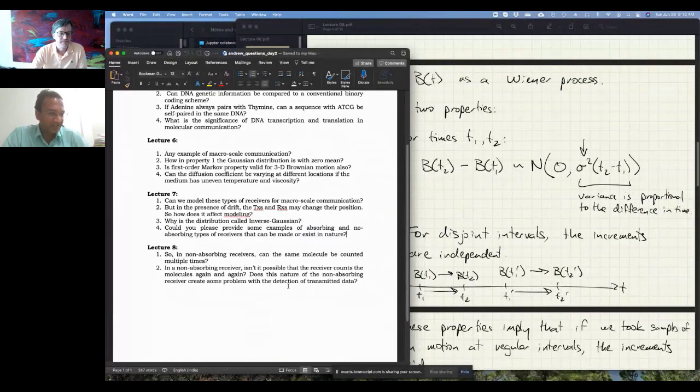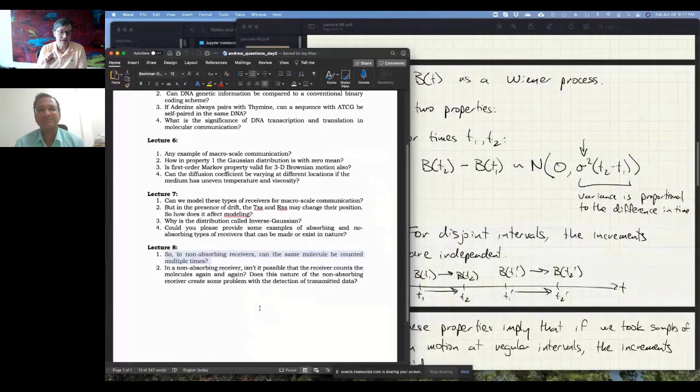So it's related to the question that Adarsh also asked. In non-absorbing receivers, can the same molecule be counted multiple times? So maybe we can hear you respond to that once again. Yeah, the answer is definitely yes, and that causes huge problems for the analysis. In particular, if you think about counting the number of times a molecule arrives, imagine that molecule is at the boundary.